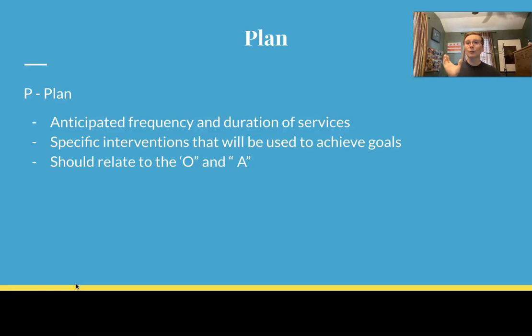In acute inpatient rehab, you might see them 60 minutes, 5 times a week for 2 weeks. In subacute, where the intensity is not quite so high, you might see them 60 minutes, 3 times a week for 3 weeks. Outpatient, you might see them 1 to 2 times a week for 60 minutes for 6 weeks.